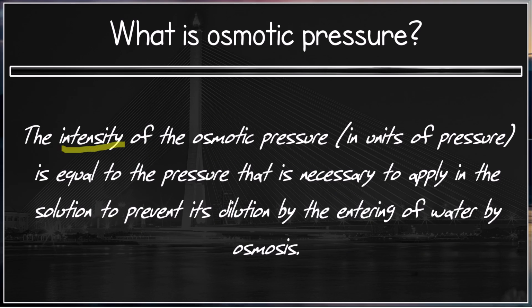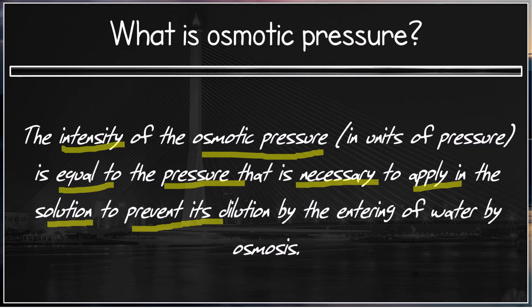The intensity of the osmotic pressure, that is in unit of pressure, is equal to the pressure that is necessary to apply in the solution to prevent its dilution by entering of water by osmosis.